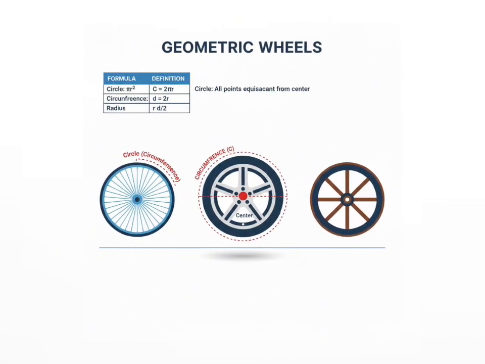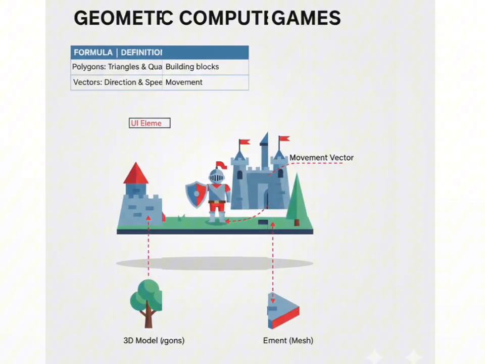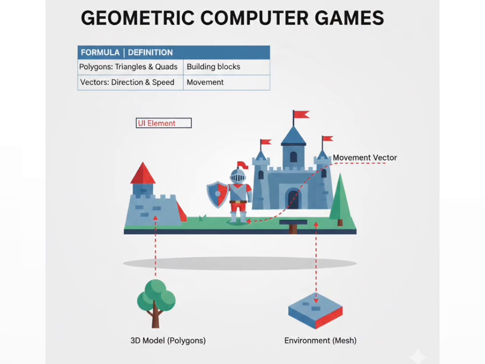In vehicle wheels, you can see the circles, you can see diameter, center, circumference. And in computers, you can see so many shapes because there are 3D models and so many other shapes, all that we mentioned.